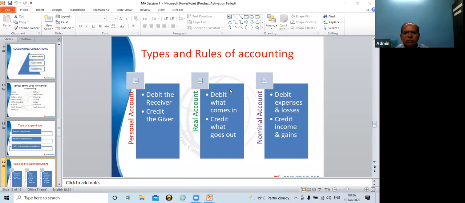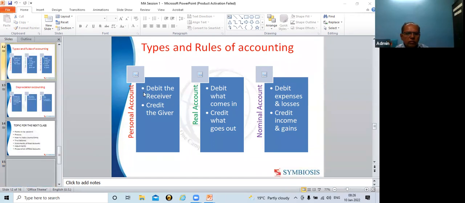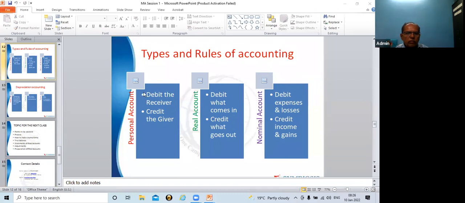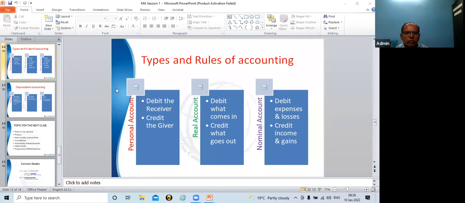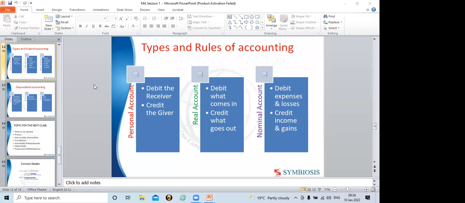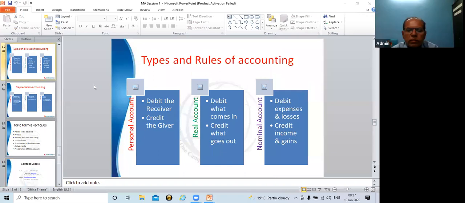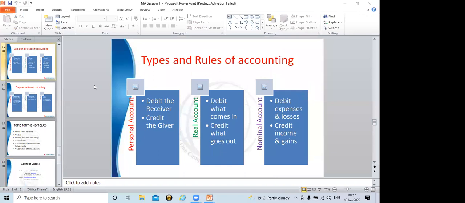Any doubt so far? No, sir. Yes, please. Any doubt? Sir, is GST a real account? Yes, the input GST or output GST is a real account?